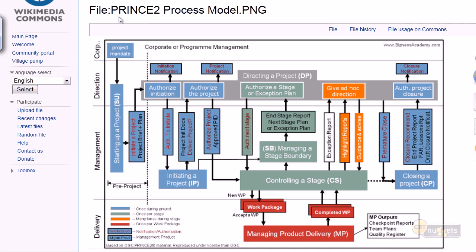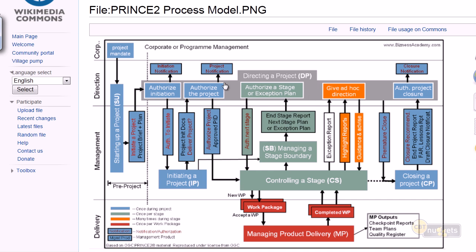And again, just a reminder that Prince2 is public domain itself, as provided by the British government, and therefore not only this diagram, but there's lots of other material in the public domain that organizations can use and adopt as they roll out Prince2 in their organization.